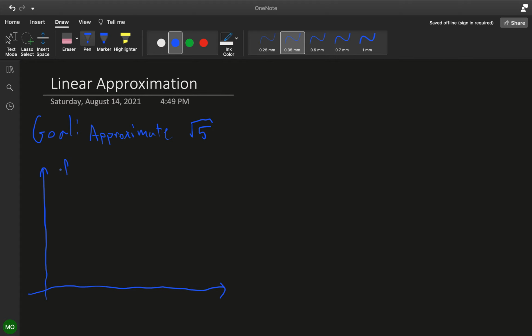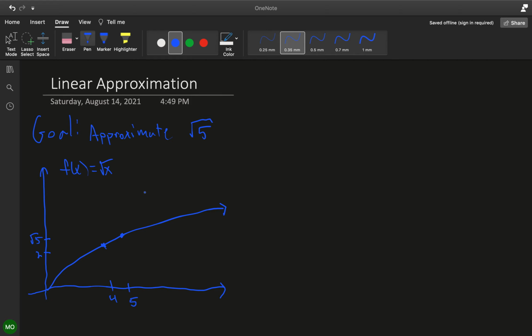So let's graph f of x equals the square root of x, which is going to look something like this. And this is 5, which makes this square root of 5. And that makes this 2.